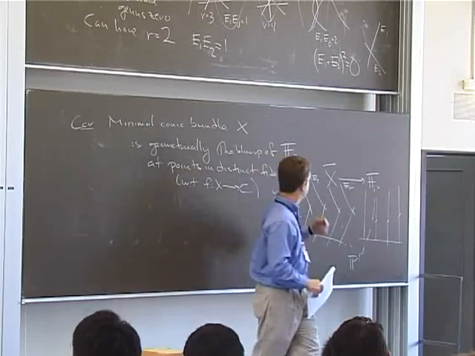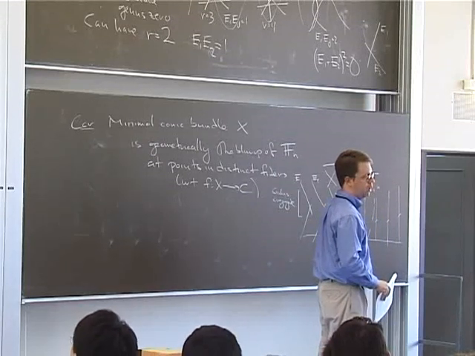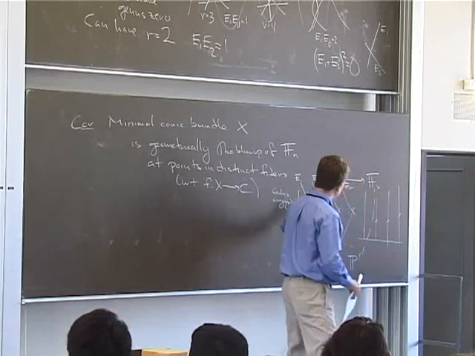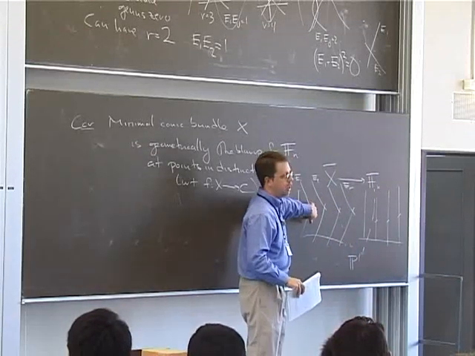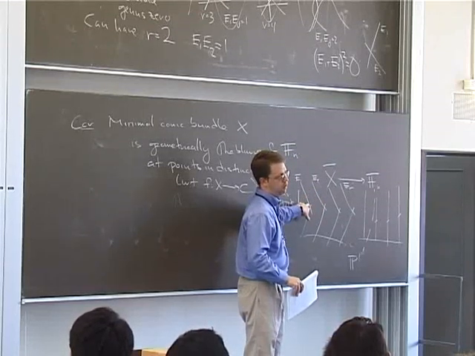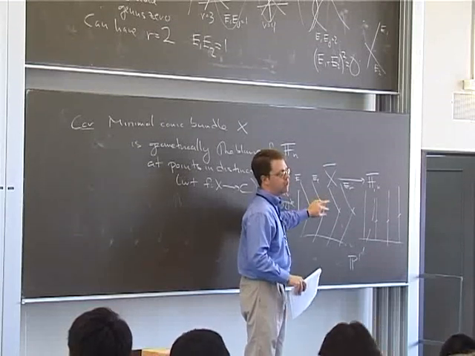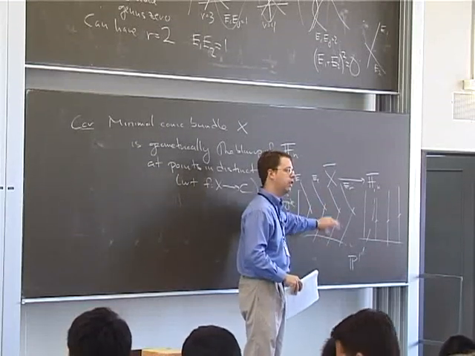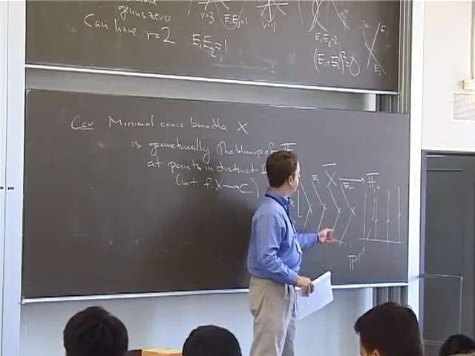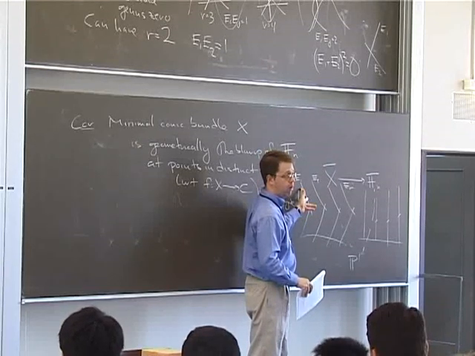They're definitely not going to be defined over the ground field. The one thing you can say for sure is that these two exceptional curves are Galois conjugated. So if you look at the action of the Galois group on the configuration of all the exceptional curves, you have to have one to take one from the other, because if this were fixed under the Galois action, then I could blow it down.